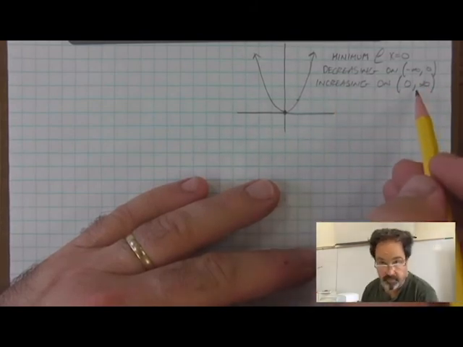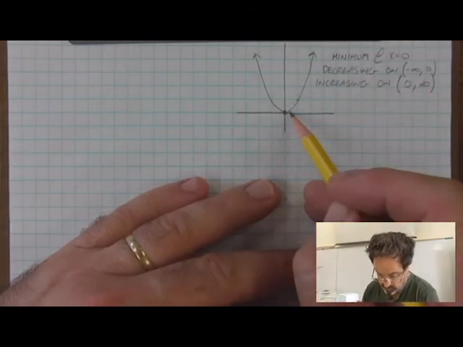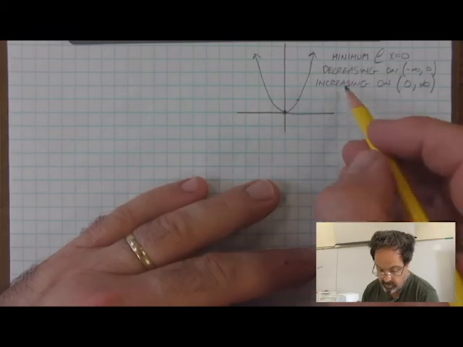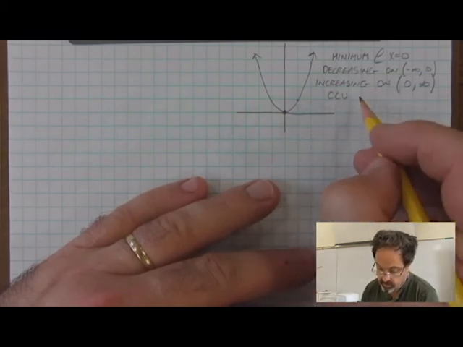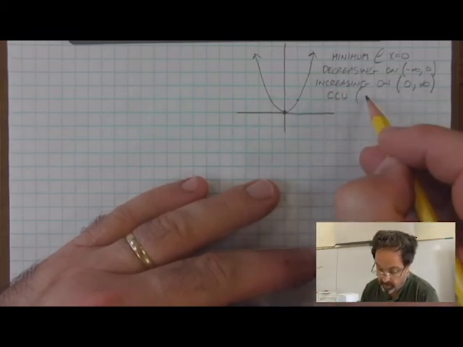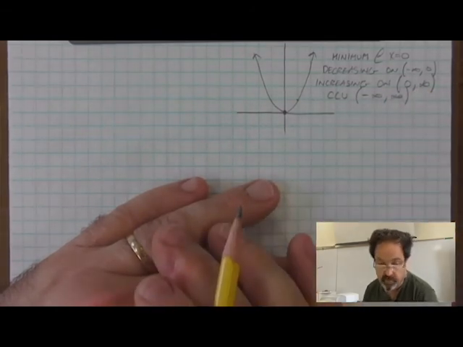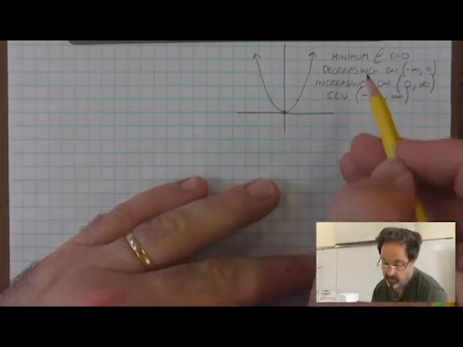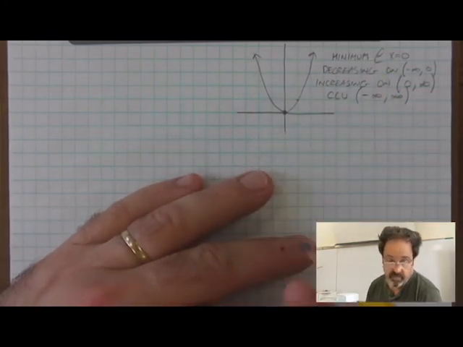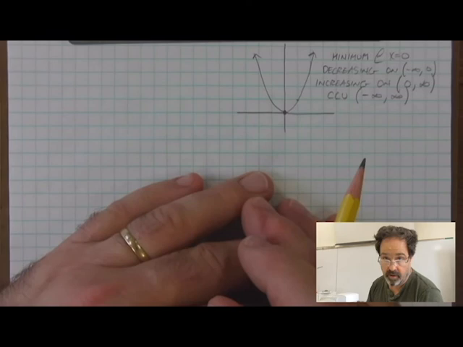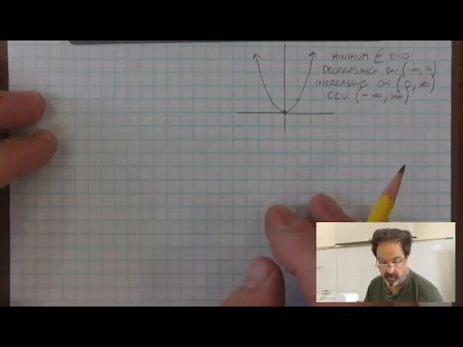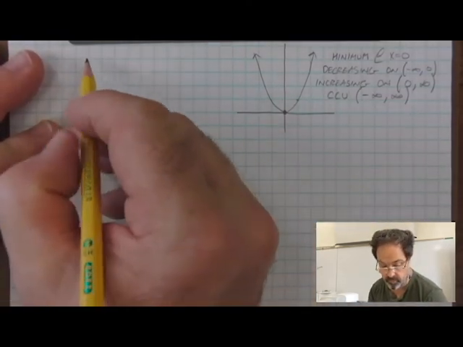Increasing on the interval from 0 to infinity. Start here, it keeps going up. And this parabola is concave up everywhere, or concave up on the interval from negative infinity to infinity. These features ought to be easy to see from this familiar graph. But how do we justify them with calculus, formally?